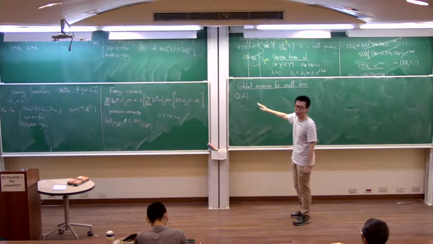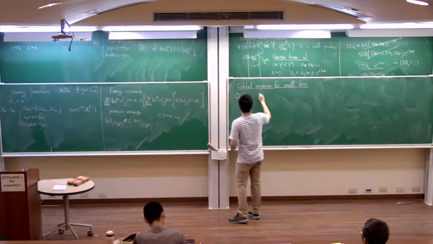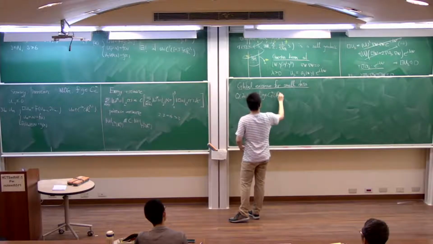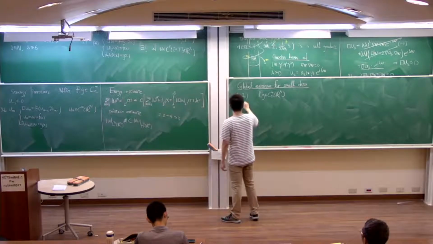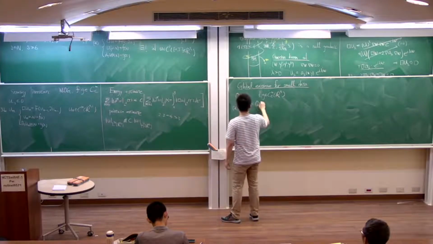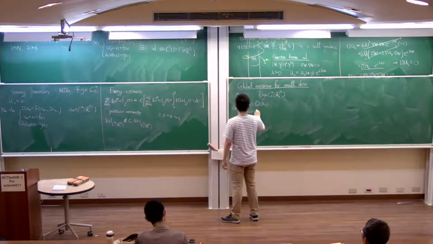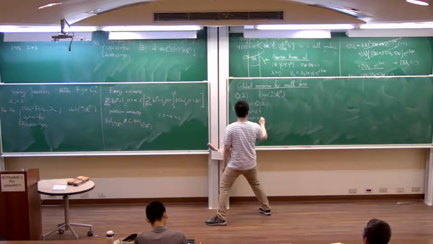I will be more specific about what Q is in a moment. So the question is, let's say f and g are smooth functions with compact support, and one looks at the system box u equals Q(du), u(0,x) equals epsilon times f, and partial t u(0,x) equals epsilon times g.